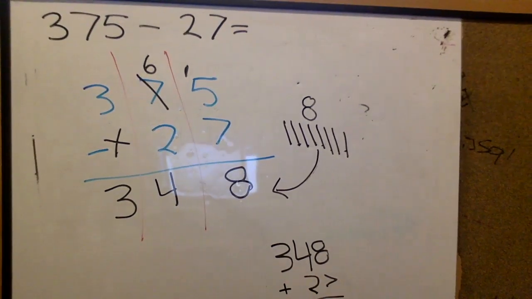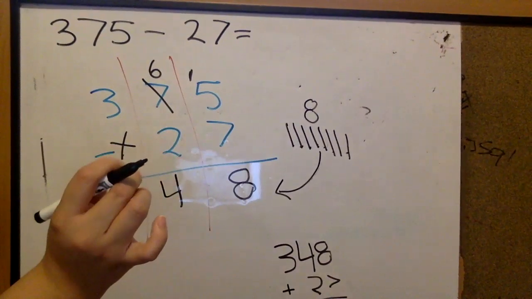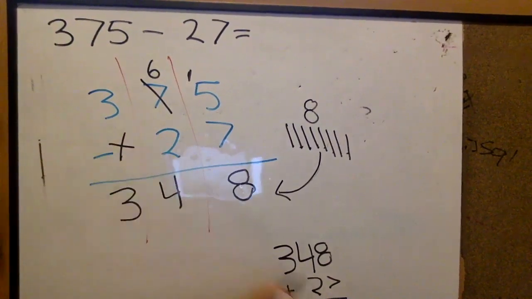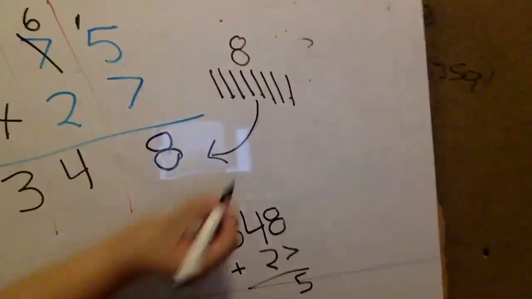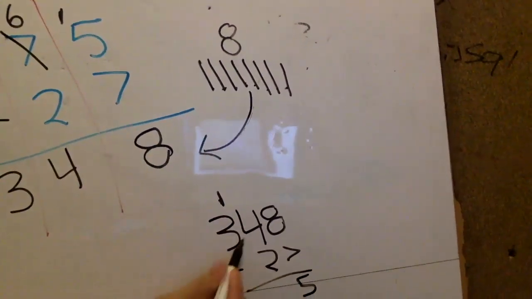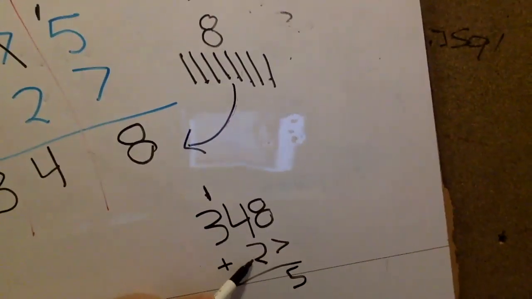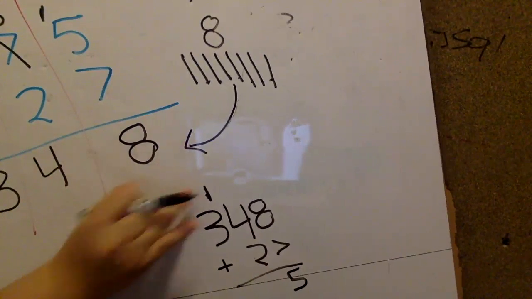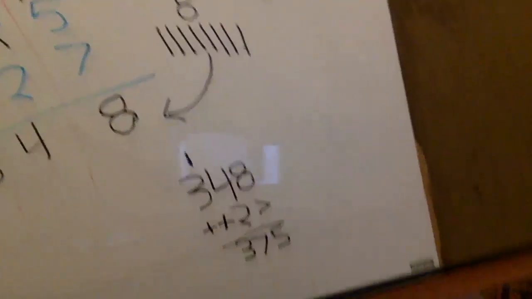Okay, so we have 8 plus 7: 8, 9, 10, 11, 12, 13, 14, 15. I'm going to carry the 1. There's the 1 from 15. 2, 3, oh, I'm sorry, 4, 5, 6, and then a little 1, 7, and then our 3 has nothing, so it's 3. So it's 375.